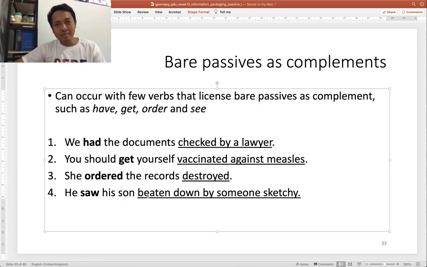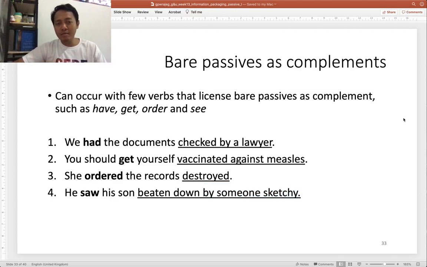Beaten down is the past participle verb, no marker of passive, but we have this by phrase here that indicates the actor of this passive event. So these are some examples of bare passive functioning as complements of these four verbs.